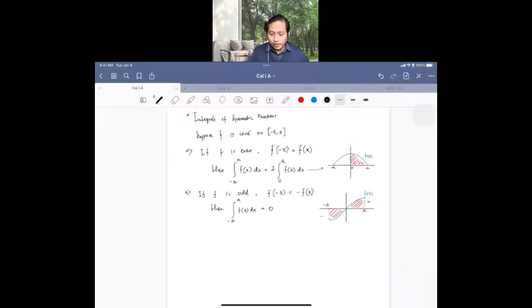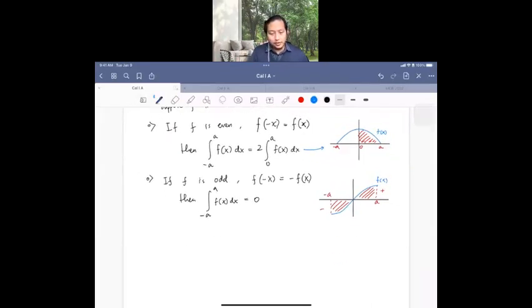And then if we are trying to prove it through the formulations, we can write the integration from negative a to a.